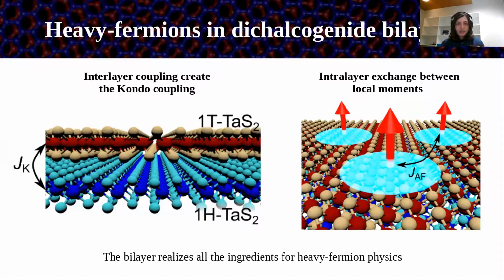You take 1H and you put on top of it 1T, and in this way you essentially couple a lattice of local magnetic moments to a two-dimensional electron gas. And if the couplings between the two systems turn out to be the ones that you would like to have, you can enter into the heavy fermion regime and explore this regime in which you have screened local moments.